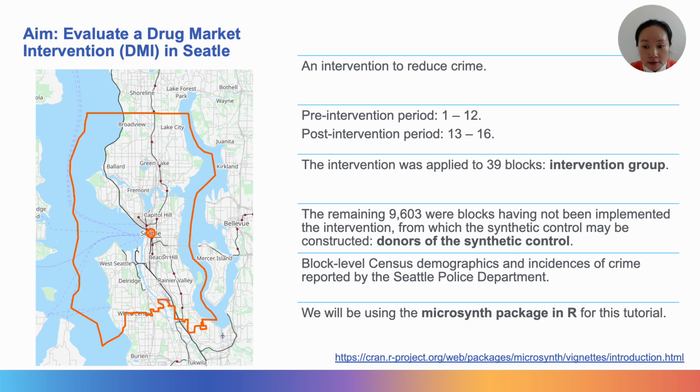These blocks didn't receive the intervention. Other data we have in the dataset are block level census and demographics, and incidents of crime reported by the Seattle Police Department.